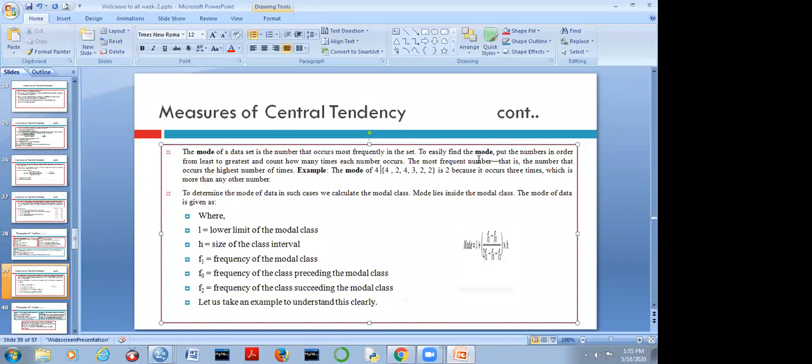To easily find the mode, put the numbers in order from least to greatest and count how many times each number occurs. तो मोड से भी हमें एक सिग्निफिकेंस मिल जाता है कि कौन सा नंबर, कौन सा वैल्यू ज्यादा रिपीट हुआ है. ठीक है, दैट इज मोड.